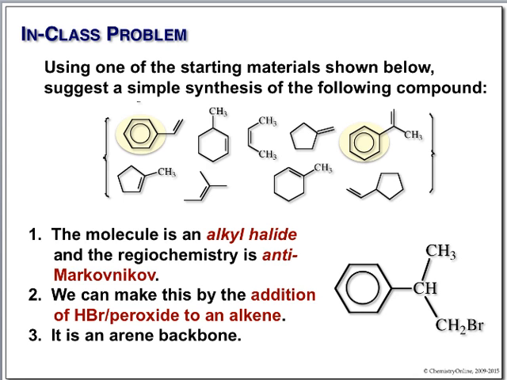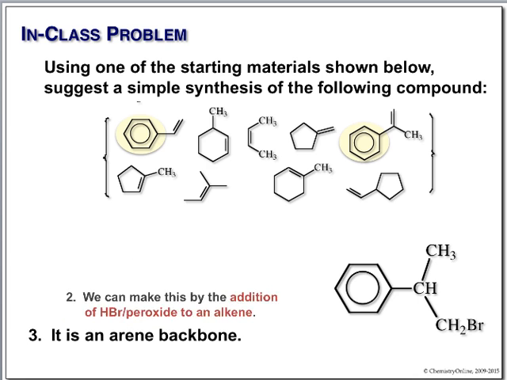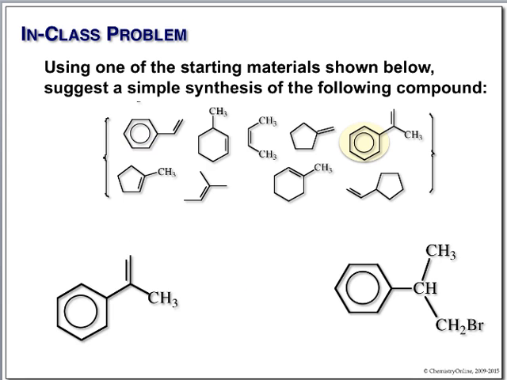We have 2 potential compounds. Remember, we also need this methyl group dangling out. This one has it, this one does not. Only this guy is going to work. And our conditions, simply HBr, peroxide.